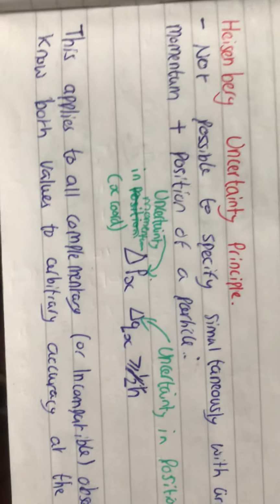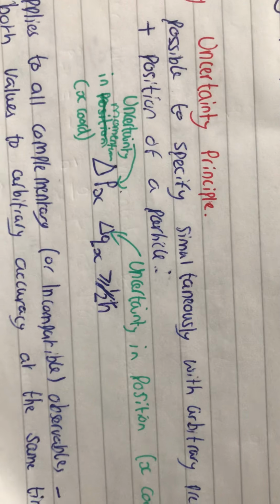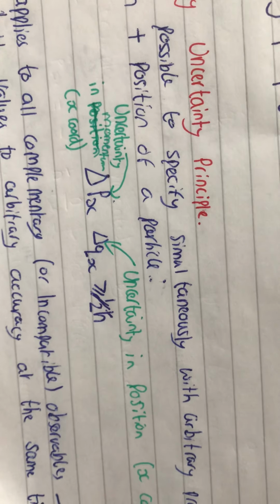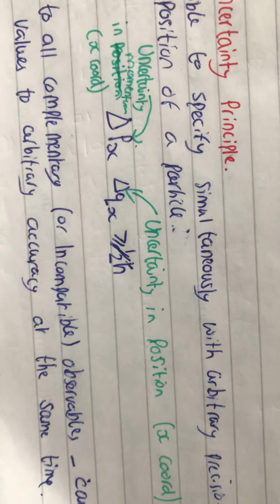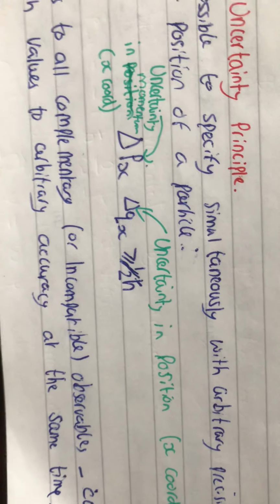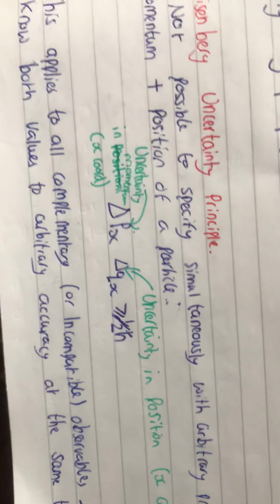And here's the equation for it. We've got the uncertainty in momentum in the x-coordinate times the uncertainty in position in the x-coordinate is greater than or equal to half of the reduced Planck's constant.